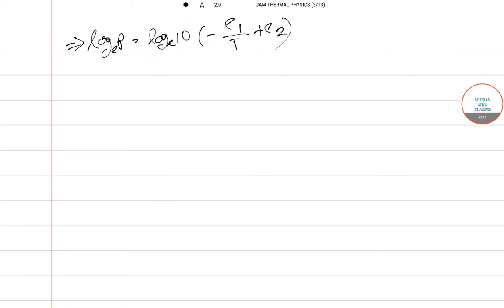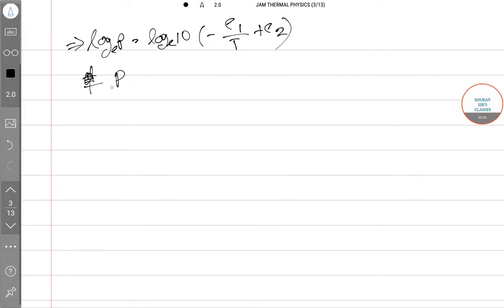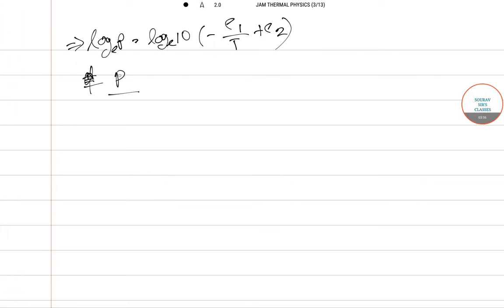Now this P is differentiated with respect to T, so this means dP/dT. Now this dP/dT is equal to log e to the base 10 into minus C1 by T square.